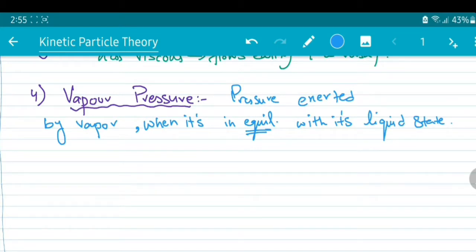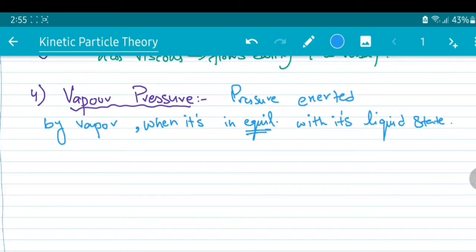So in a liquid state, for instance, liquid A has stronger attractive forces between its particles, so it will create more pressure.